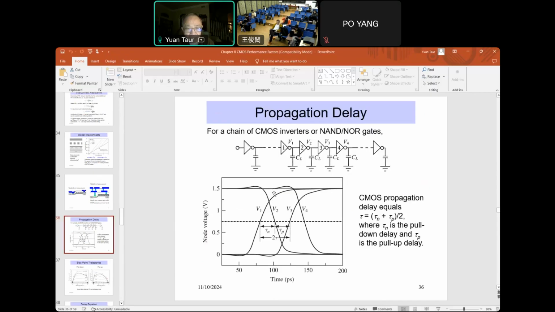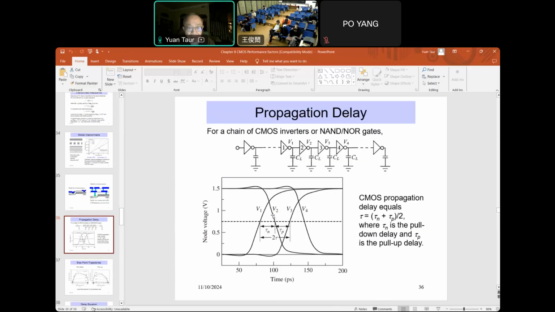Okay, so to model this, we can make a chain of identical inverters or NAND or NOR gates, one driving another. And at the output, we just connect a capacitor in order to change the delay. Of course, the larger the capacitor, the longer the delay.